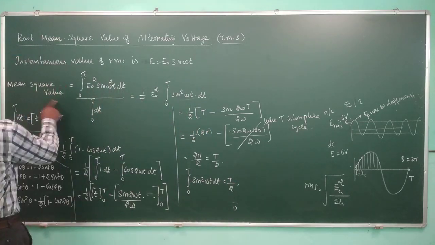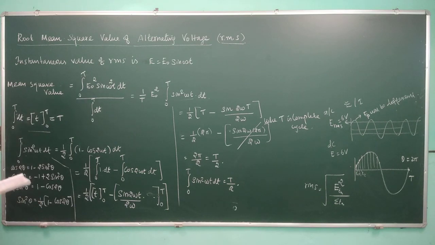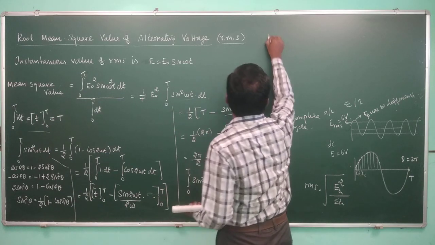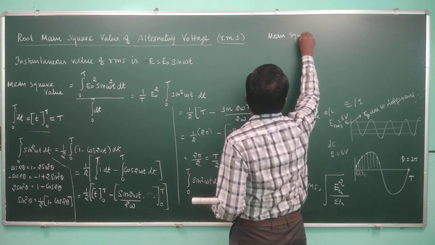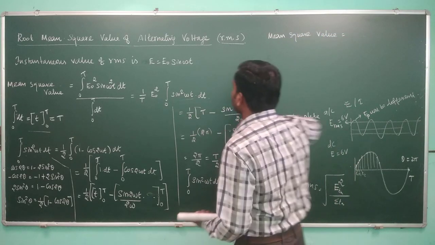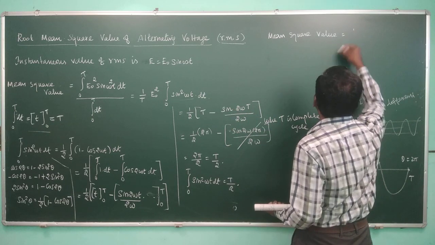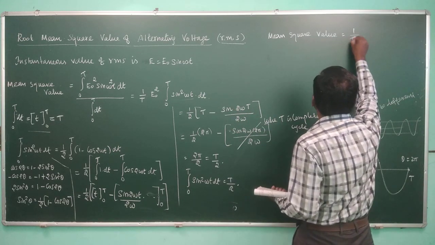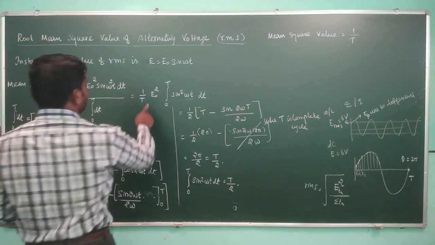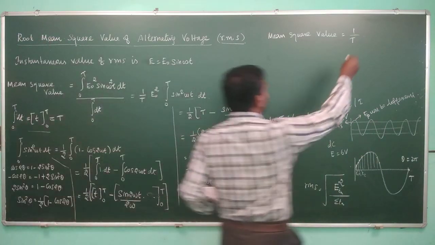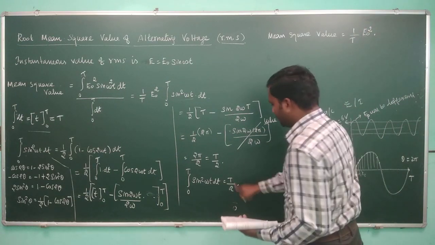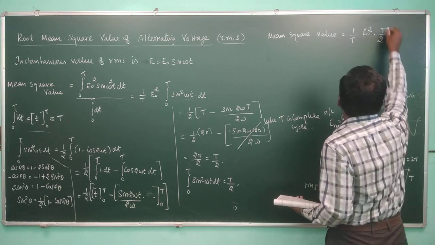So if you want the mean square value, already we have 1 by T, then 1 by T and E naught square, and now we have T by 2, so the T will cancel out.